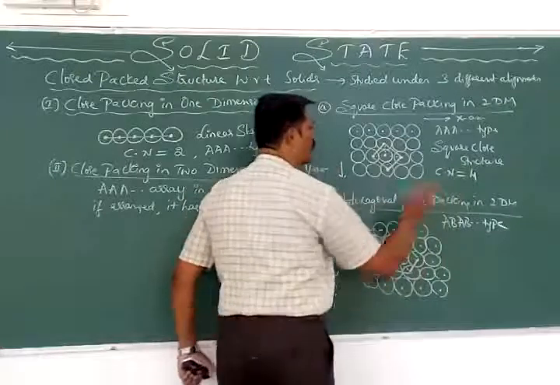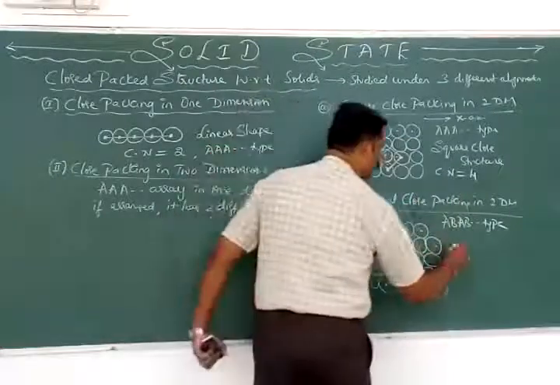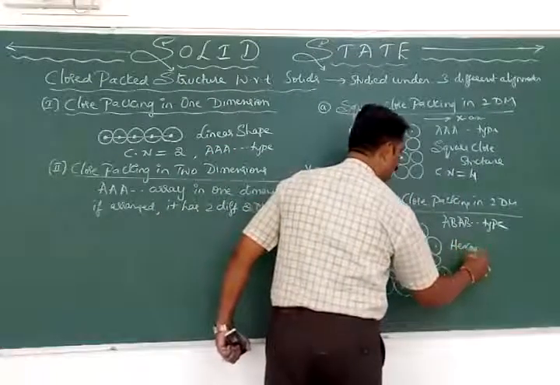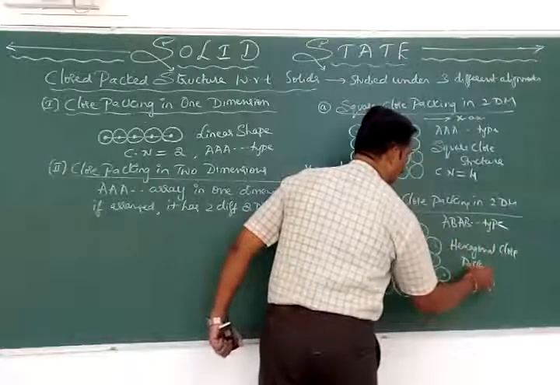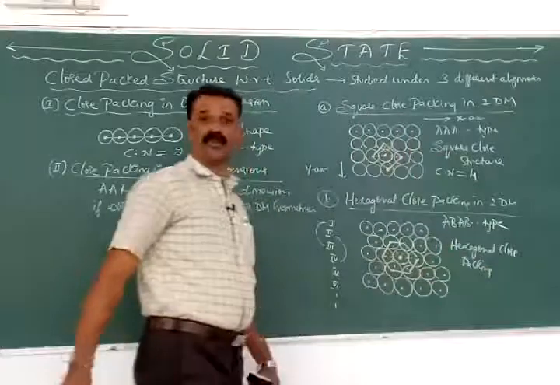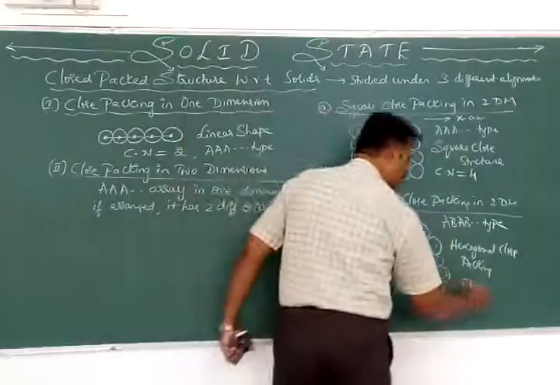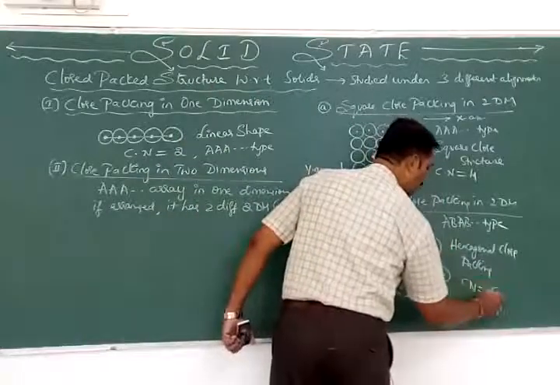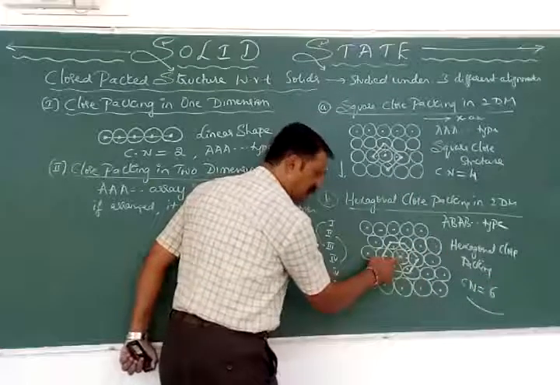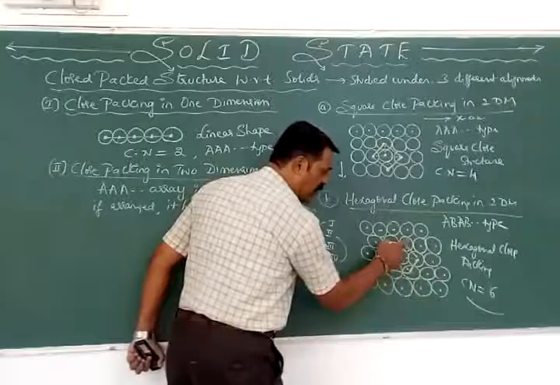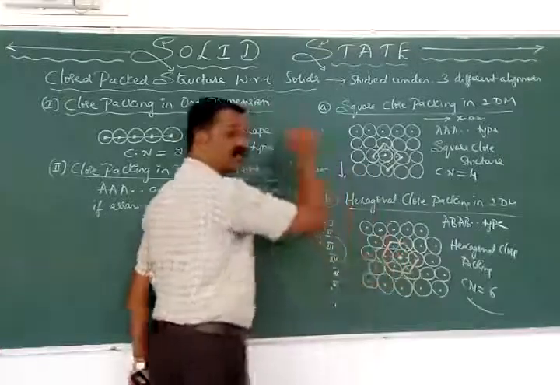That is why it is called what? Hexagonal close packing. In what dimensional? Two-dimensional. So here the coordination number is going to be what? It is going to be 6. If I consider the particle at the center of this hexagon, the number of nearest neighbors are 1, 2, 3, 4, 5 and 6.